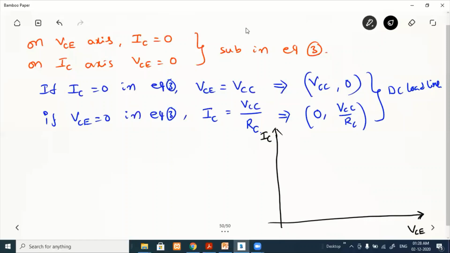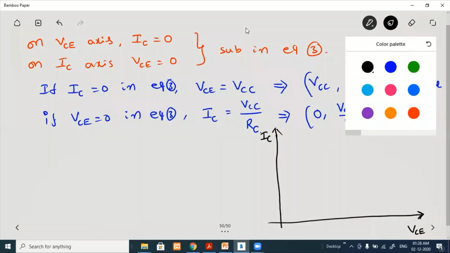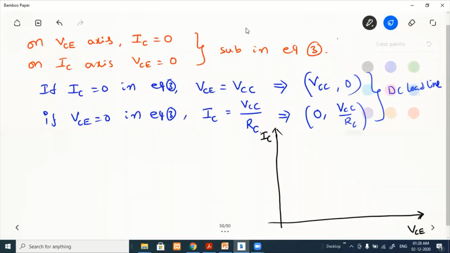So suppose initially IB equal to 0, then a very small leakage current is flowing through the transistor. As we increase IB, IC also increases, so we get characteristic curves like this.